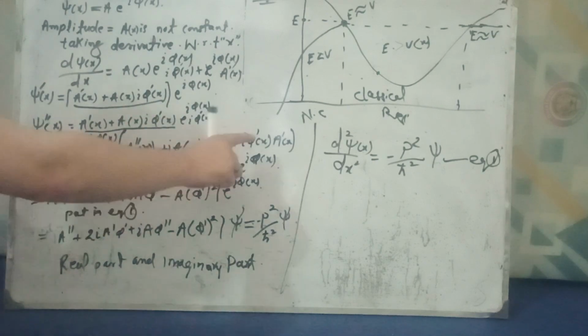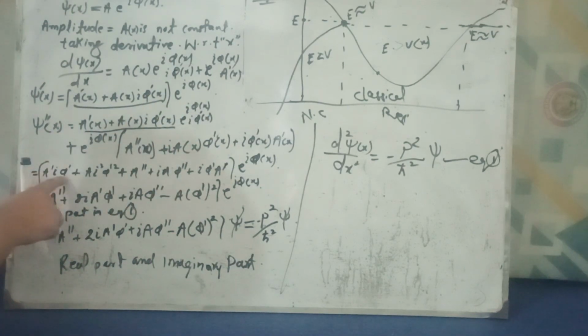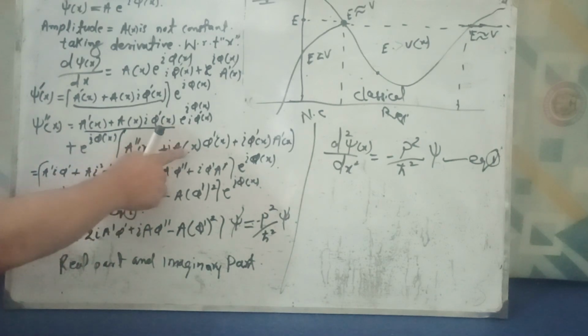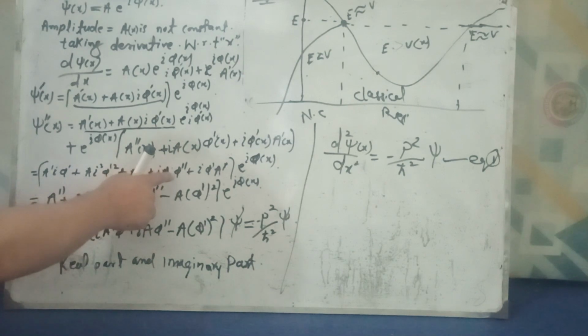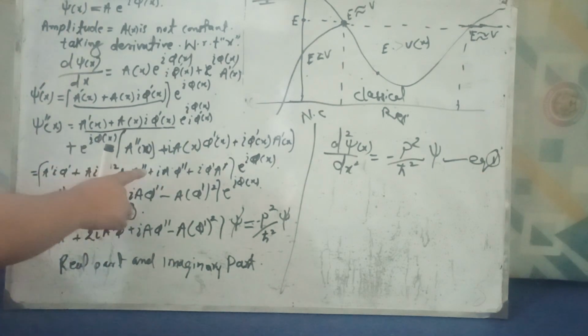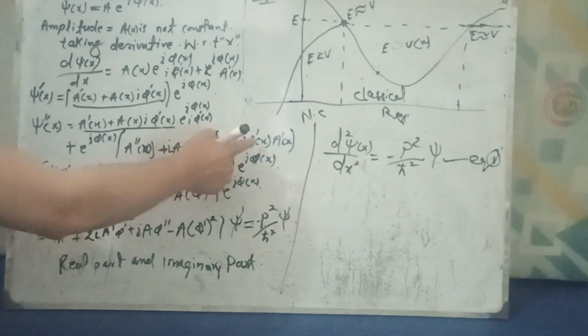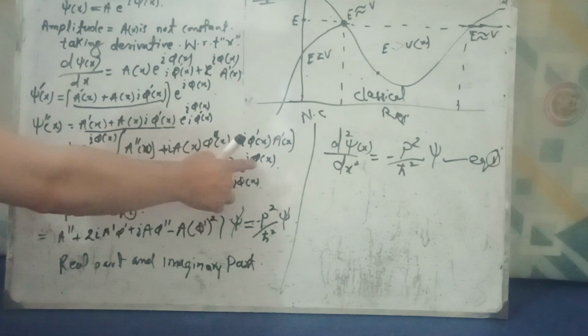So in this whole equation we can write i A prime phi prime, this i phi prime x is multiplied with this, so i A prime phi prime plus A i times i, that is i squared, phi prime x multiplied by phi prime, phi prime squared, plus A double prime plus i A phi double prime plus i phi prime A prime into e to the power i phi x.